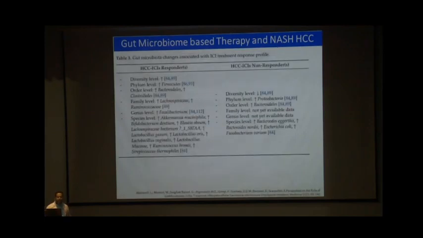And very interestingly, there is one study on immune checkpoint inhibitors. If we give immune checkpoint inhibitors to SCC patients, there is some change in the gut microbiota, and this can be a signature for who are responders and who are non-responders. This is only 130 patients studied in a group.